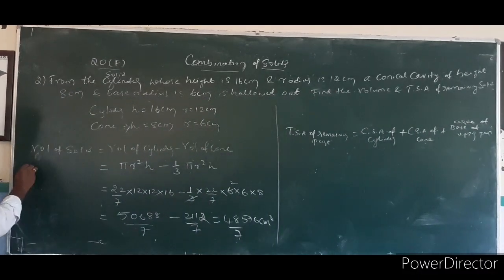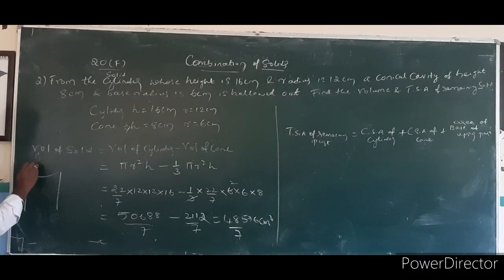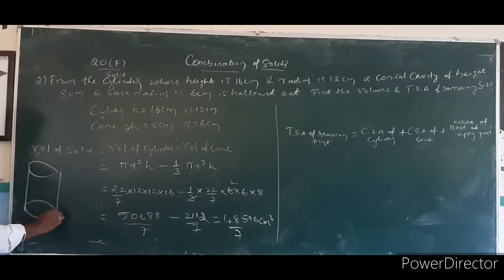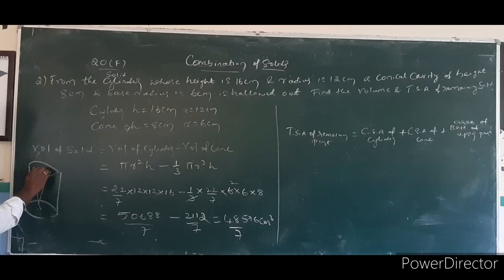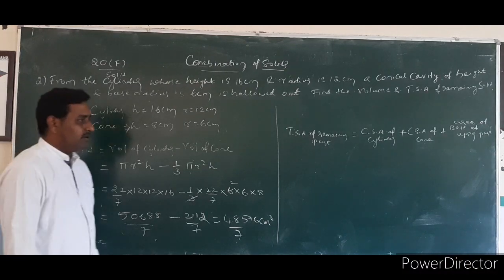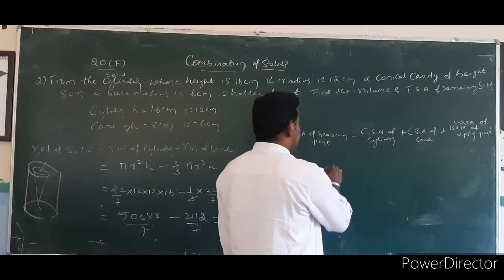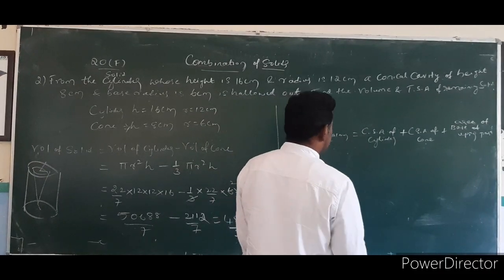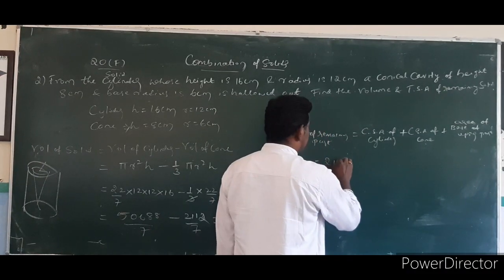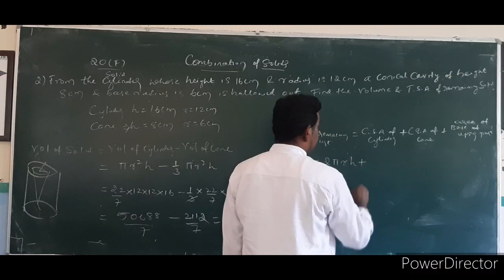If you draw a cylinder like this, in this one we are cutting the conical part. This radius and this radius are different. We have to find the area of the remaining part. So that's why the curved surface area of cylinder is 2 pi r h.